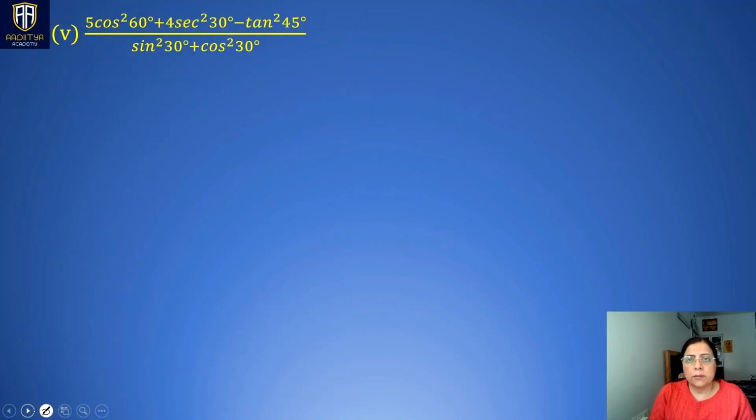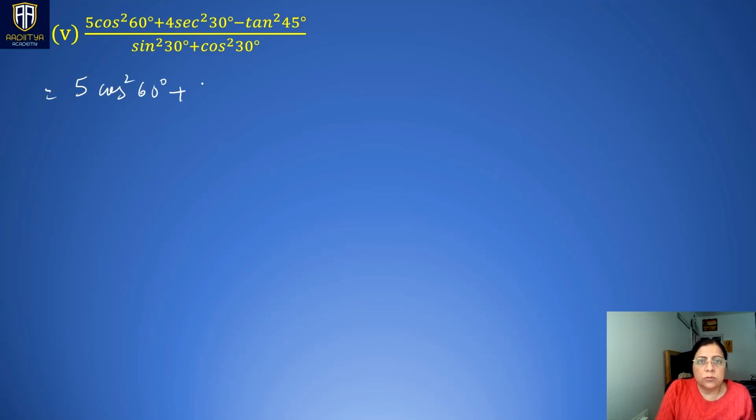The next part is we have to find. Now the next part is we have 5 into cos square 60 degrees added to 4 secant square 30 degrees minus tan square 45 degrees.